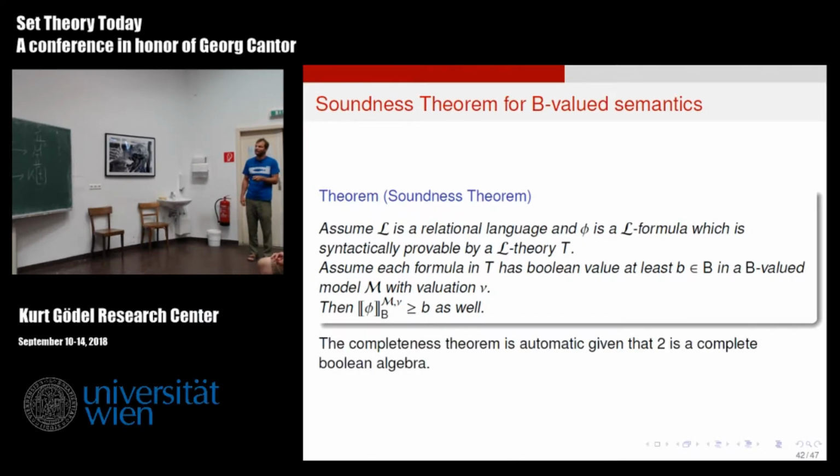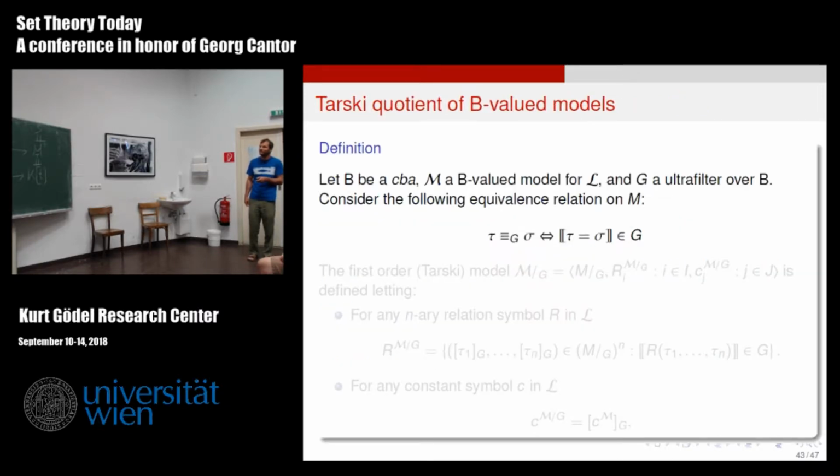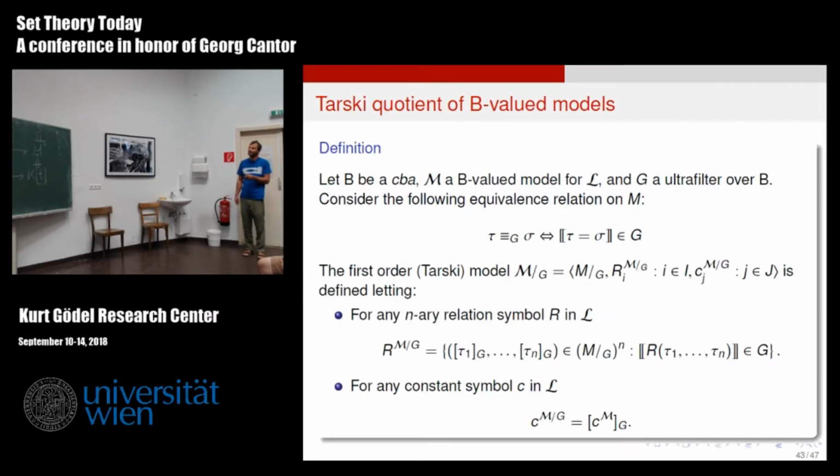And the completeness theorem is automatic because 2 is a complete Boolean algebra. But what is interesting is when you go to the quotient. You define two elements to be equal modulo the ultrafilter if the Boolean value that they are equal belongs to G, and then you can also pass to the quotient the relation symbols. The relation holds on the equivalence classes if and only if the Boolean value of the relation on some representatives belongs to G, and the semantics is made so that this is well defined.